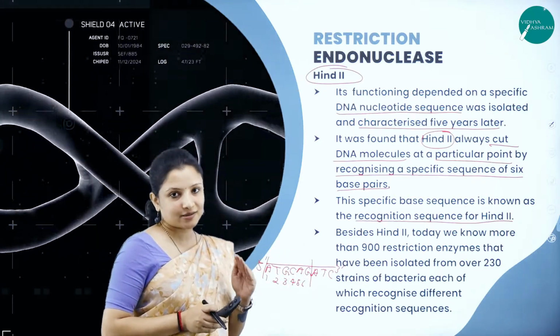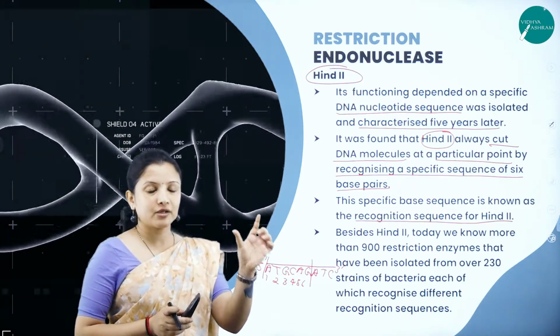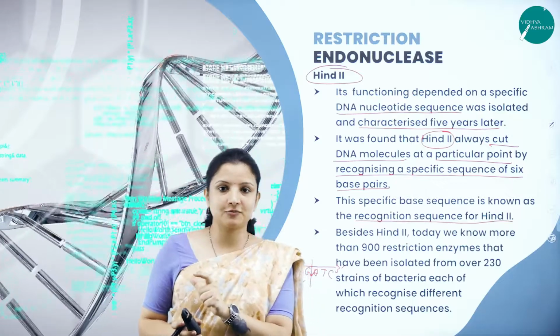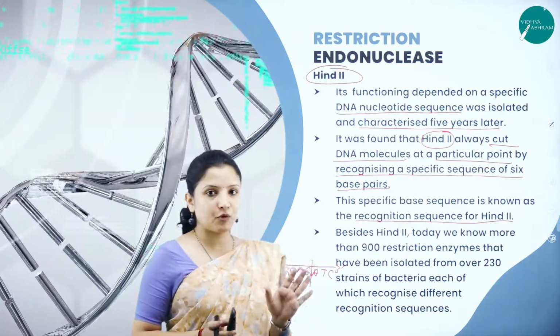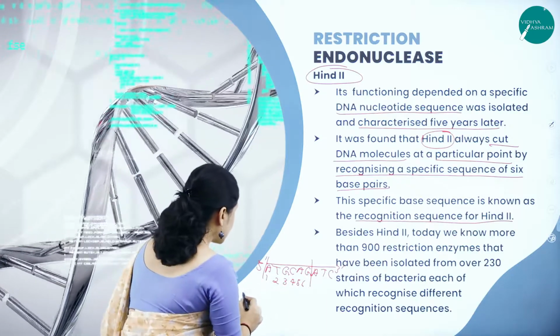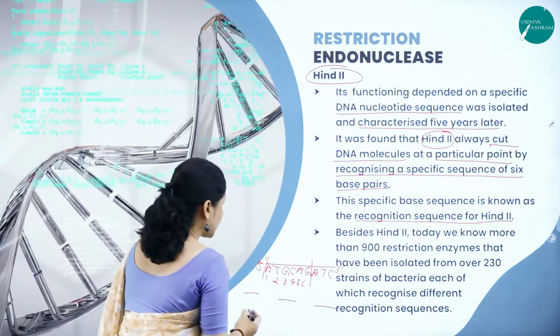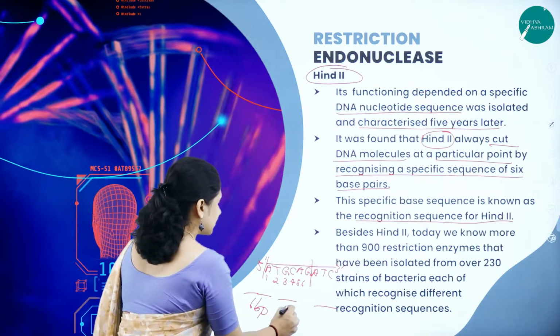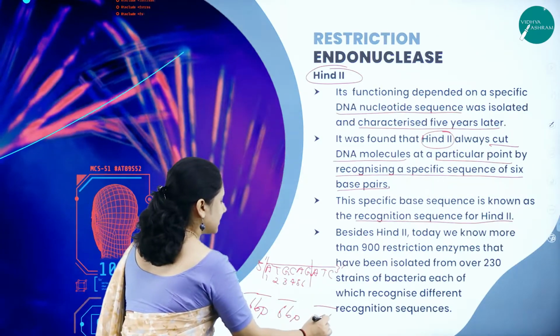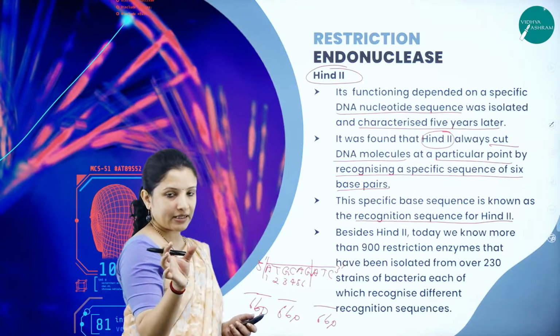Those having 6 base pairs. Understood, right? For every 6 base pairs, HindII was capable of cutting the DNA strands into smaller bits. Each of the DNA pieces that was cut has how many base pairs? 6 base pairs. Like this, it used to cut the DNA strand.